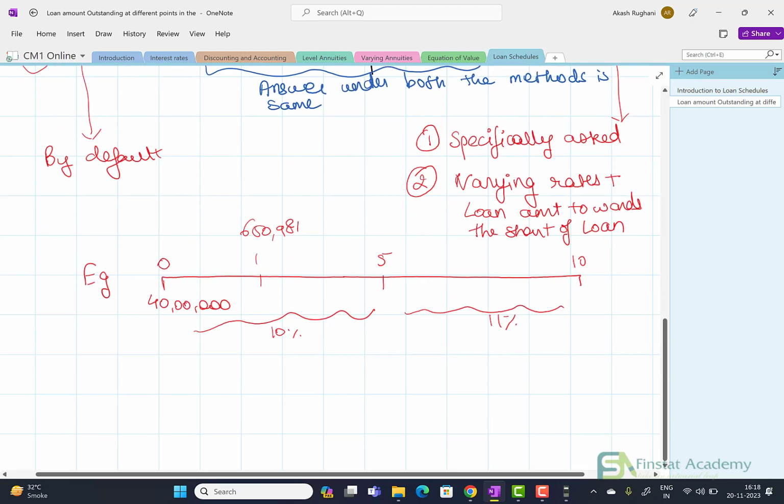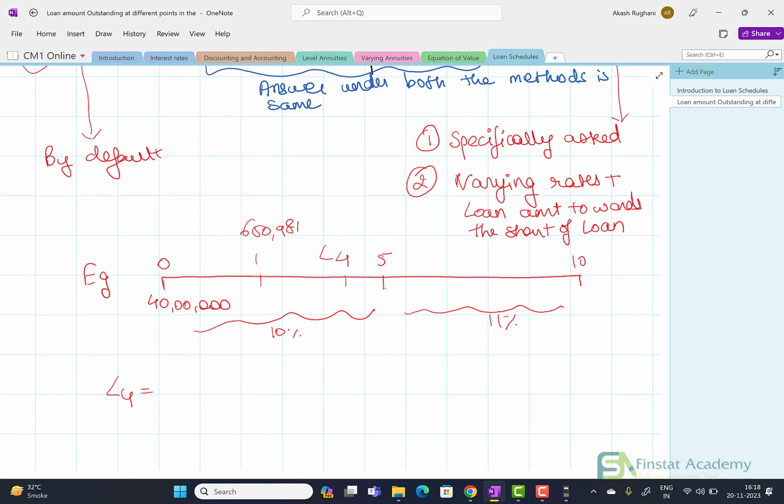I have been told to find L4. So if I follow the prospective method, L4 will be equal to, we will look at the future, so we will not look at before 4, only after 4. There is one installment of 6,50,981 coming at time 5, and then 5 more installments of 6,50,981.